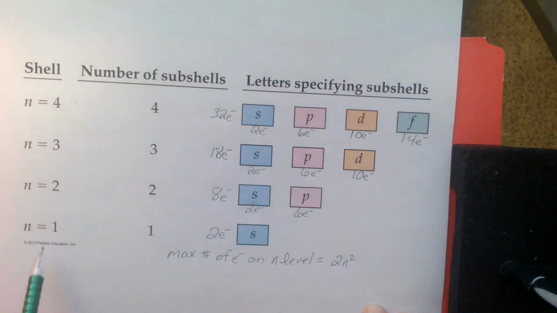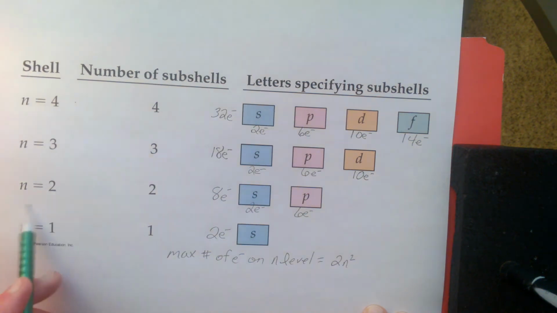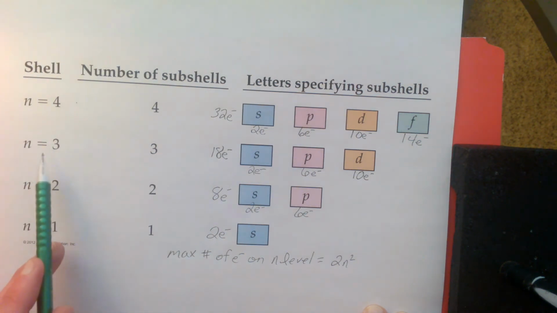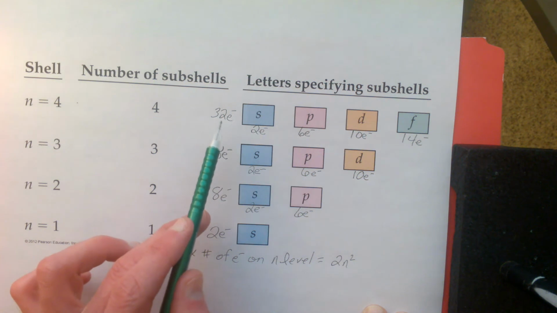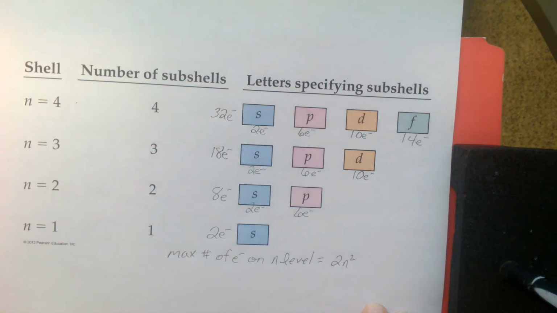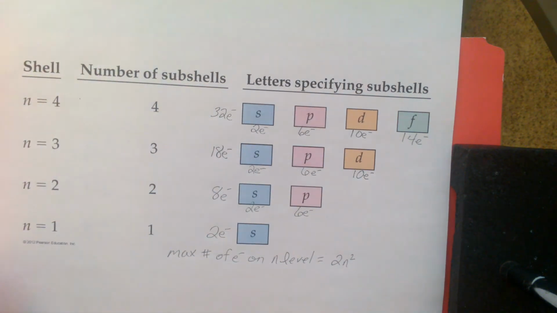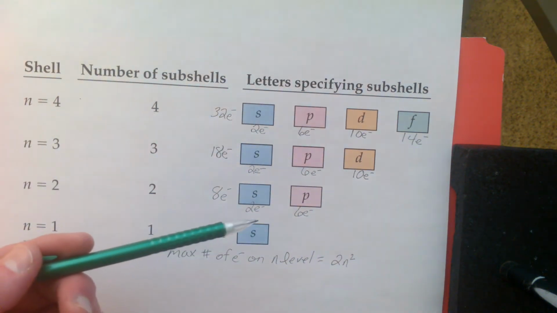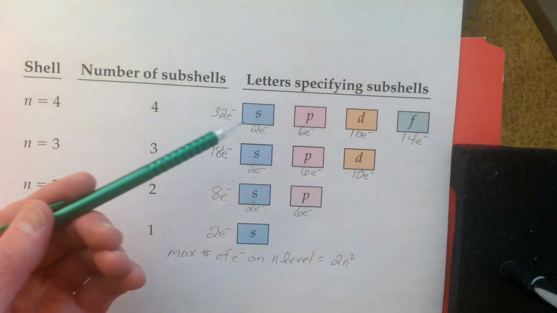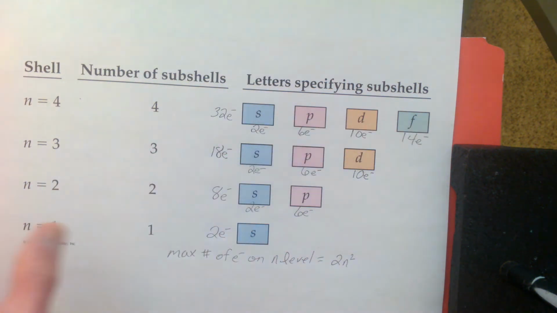So if we calculate 2n squared, we get these numbers right here: 32, 18, 8, and 2. Now, what is unique about the periodic table is that it shows us where we find these orbitals, these subshells, S, P, D, and F, utilized.